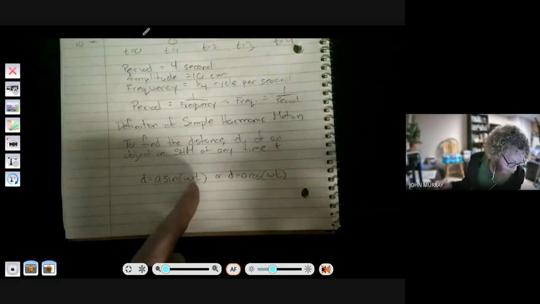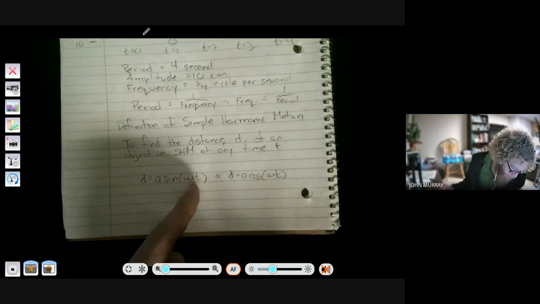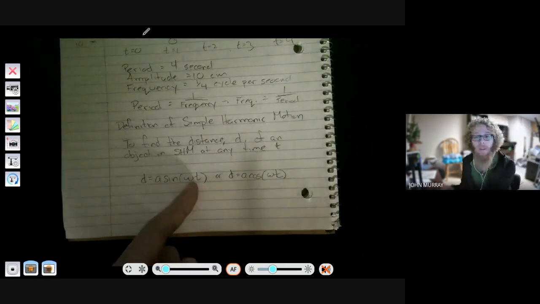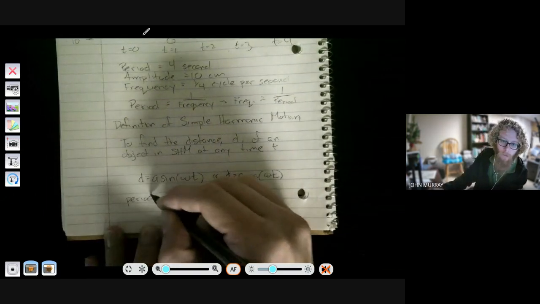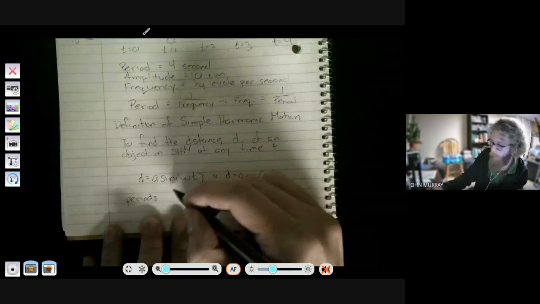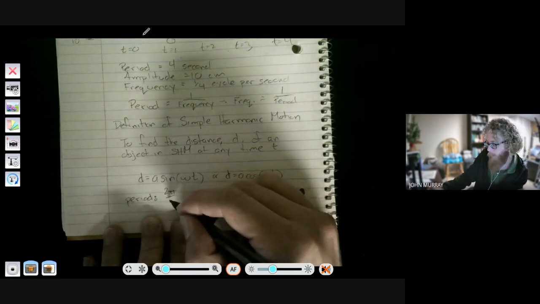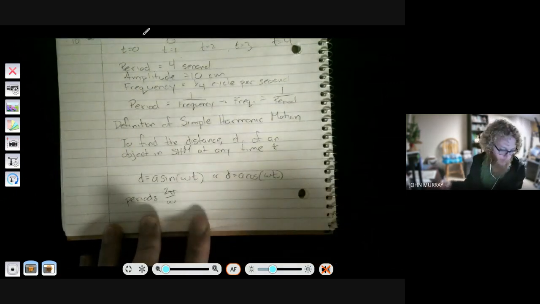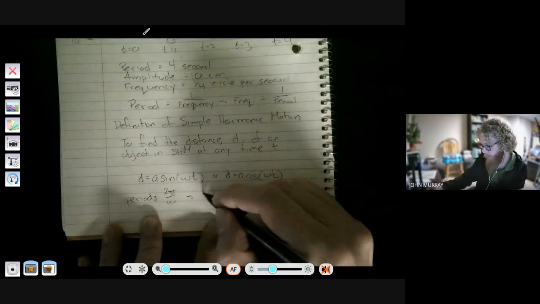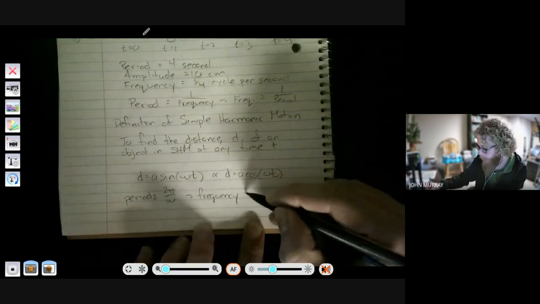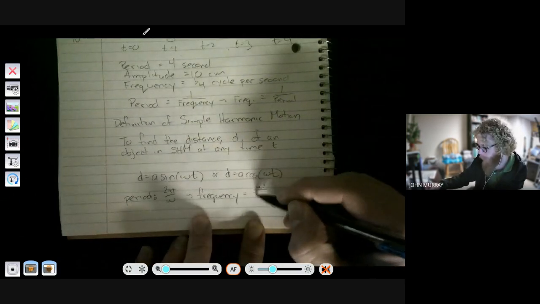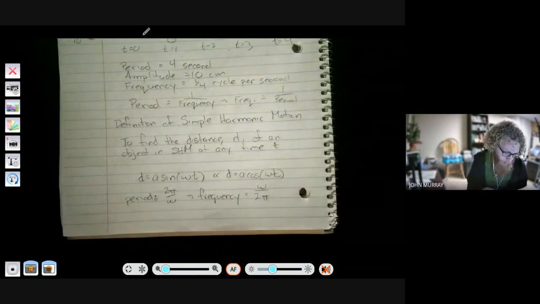So in our case up there, it would be 10. And omega is like our B that we saw before. So our period would be 2 pi over omega. And then with our new frequency, we can flip that, and we can say that the frequency is omega over 2 pi.